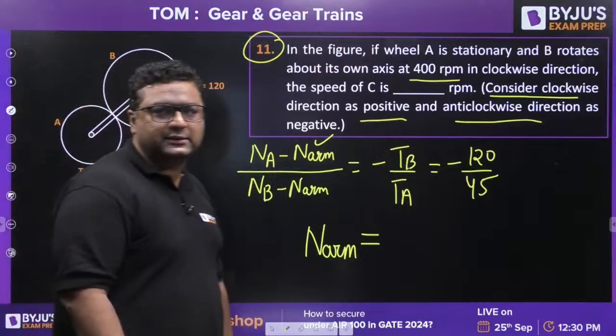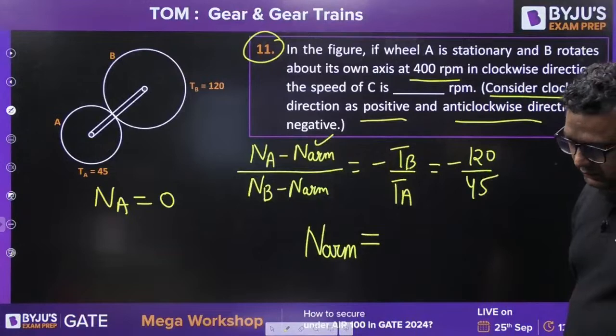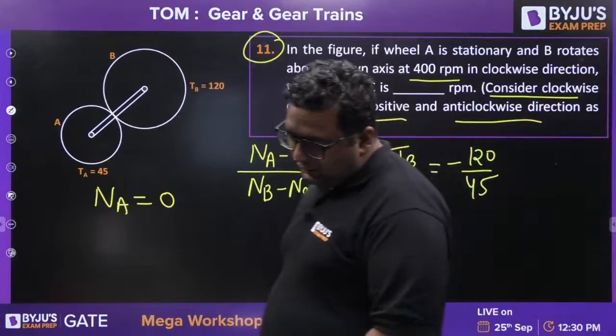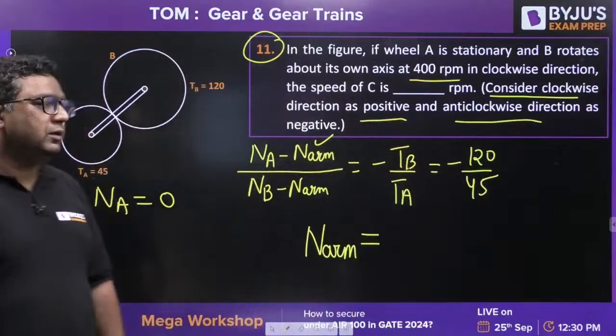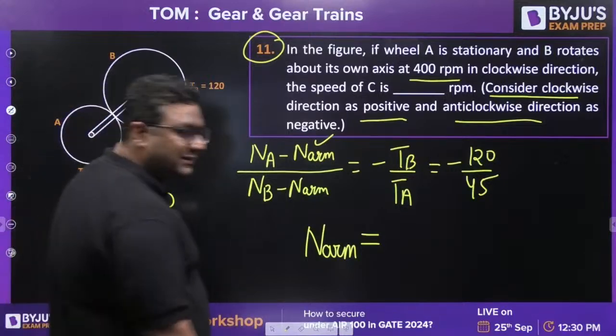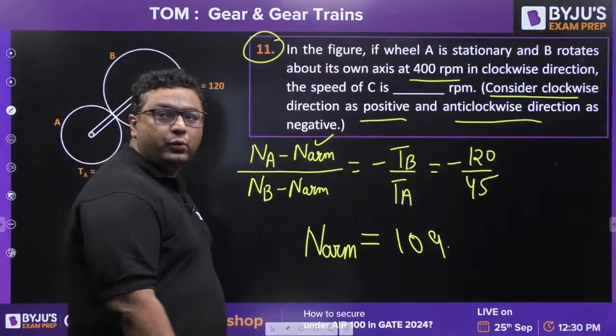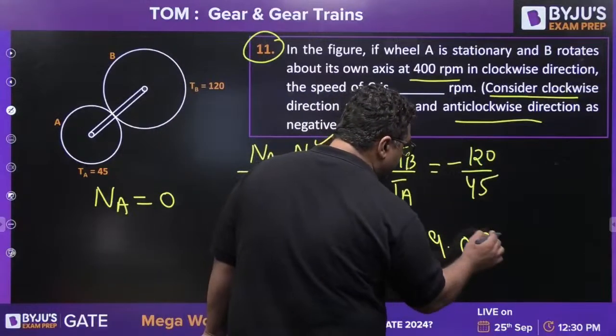What about others? Okay, 110. Very good, Midun. Teju, Midun, very good. So you will be getting the value of speed of arm to be 109.089. Okay, very good.